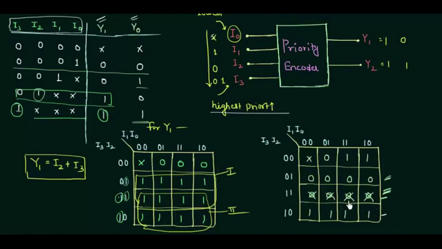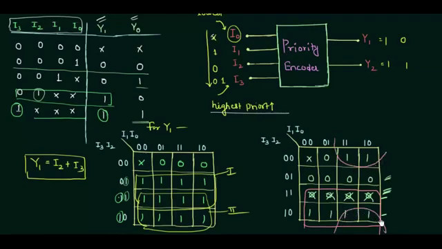If it is a don't care, I can take it as 1. So let's start making the group. I hope you are getting these things. I'm assuming that you know how to solve the K-map, so this is my first group and I have combined these 4 ones, the 2 ones are still left, so let's make the second group.